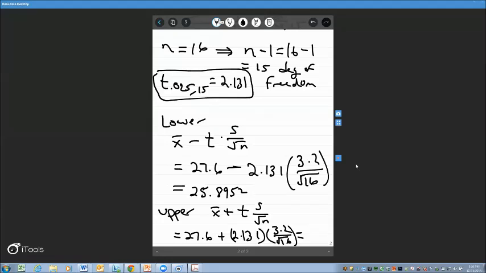And calculating that, we come up with 29.3048.